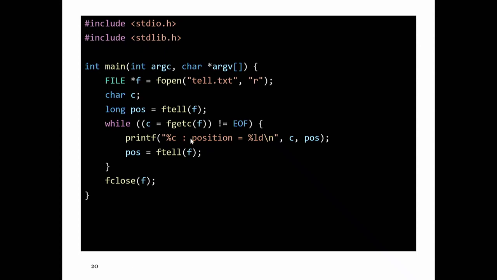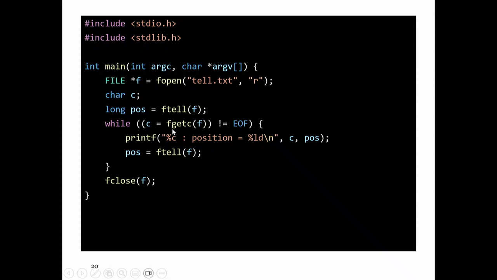Every time I read in a character, I'm going to print out the character, space, colon, space, followed by the string position, space, equals space, followed by the file position. ftell returns a long value, so when you print it, you should use ld as the conversion. D is integer, LD is long integer. So it's going to just print out the character, its position, and then a new line character here.